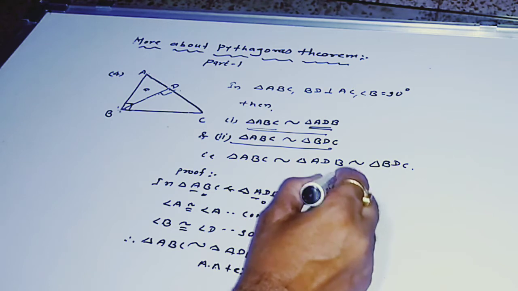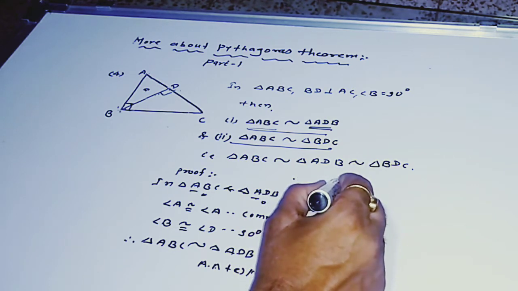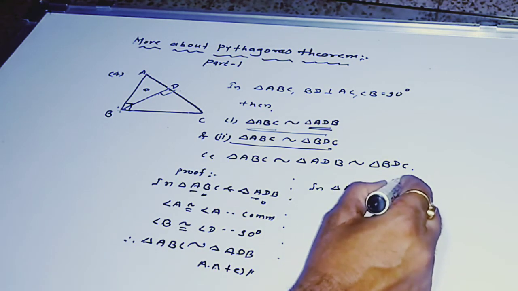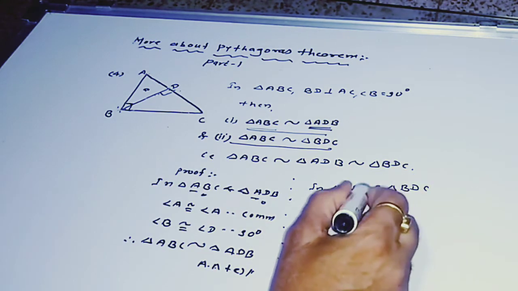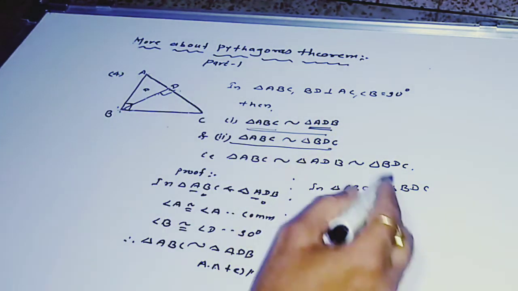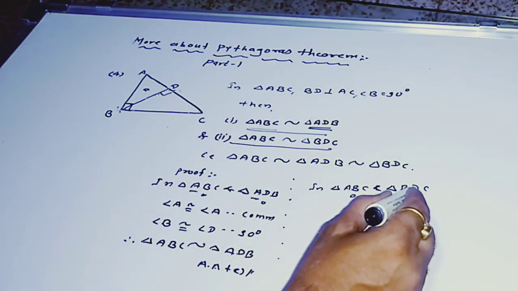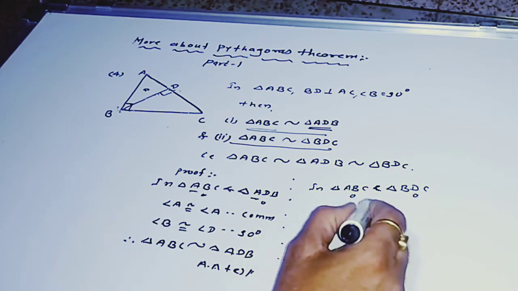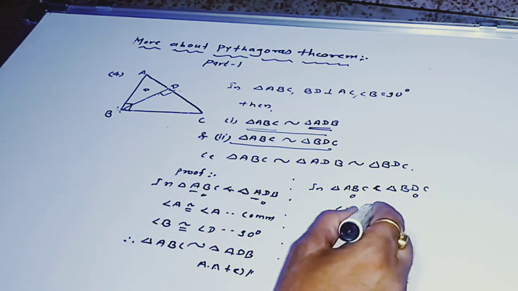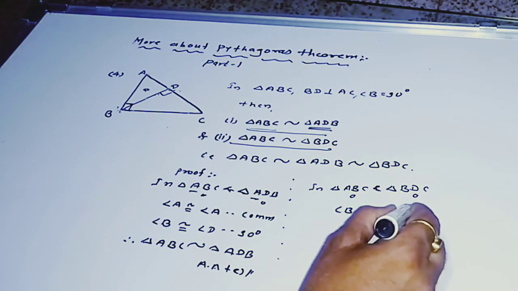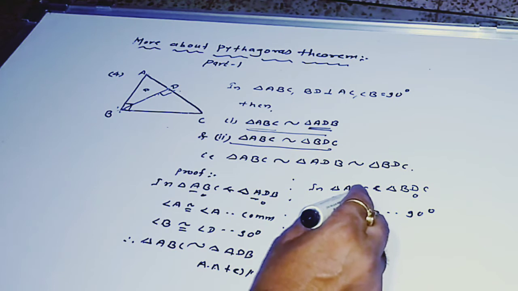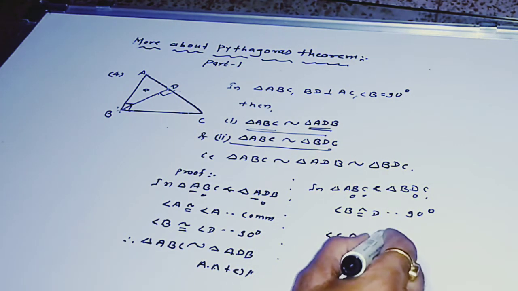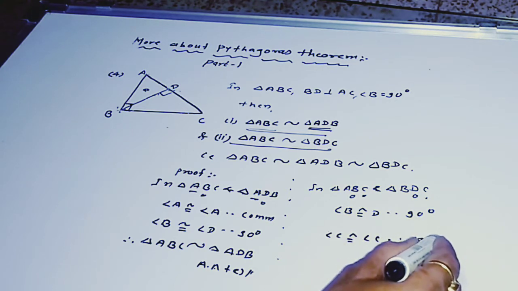Similarly, in triangle ABC and triangle BDC, angle B is congruent to angle D, it is 90 degrees. Angle C is congruent to angle C, it is common.